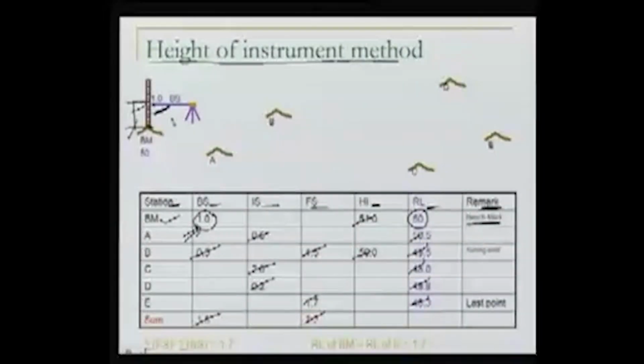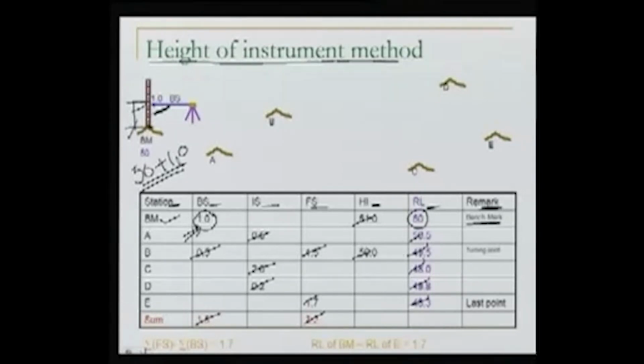So what is the RL of that plane from the reference surface or the datum? This we call the height of instrument. In this case, as you can see in the figure, the height of the instrument can be computed as 50 plus 1.0.